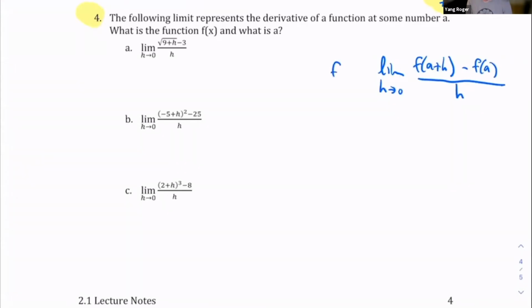This is what f prime of a looks like. And for each of these questions, you need to answer two things: what do I think my a is going to be, and what do you think my f of x is going to be? And I guess some of this is a little bit of guess and check.